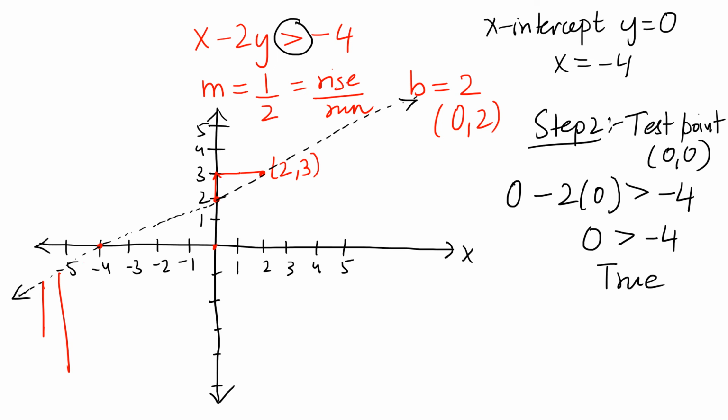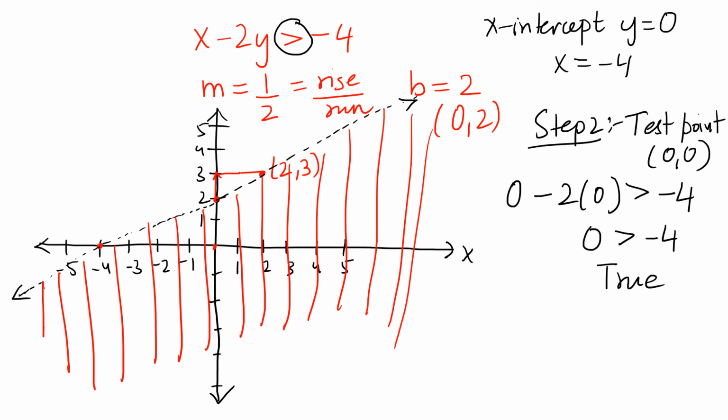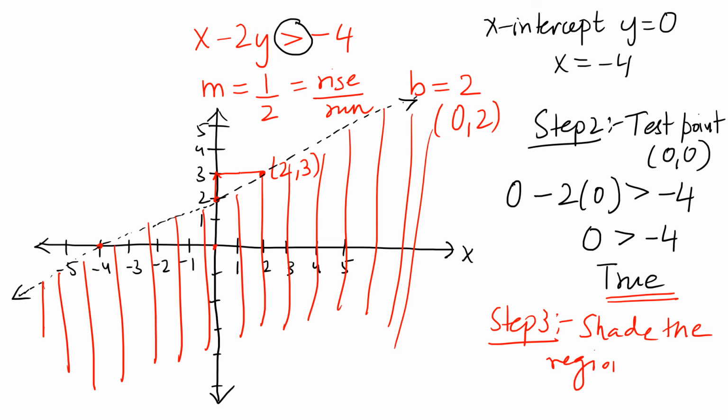So you shade the region having 0, 0. So below the line, all this area which is coming in the shaded region would be my answer. So that is the last step, step 3: shade the region with 0, 0. So that's how you draw the graph of the inequality.